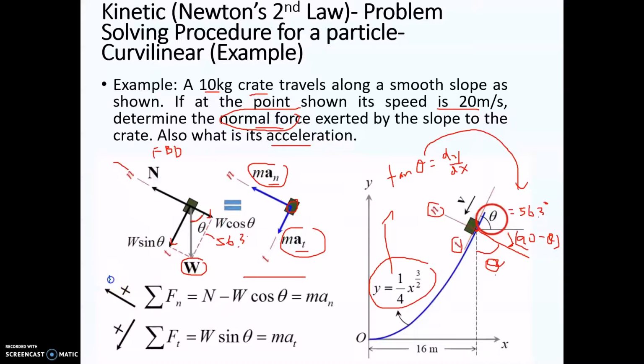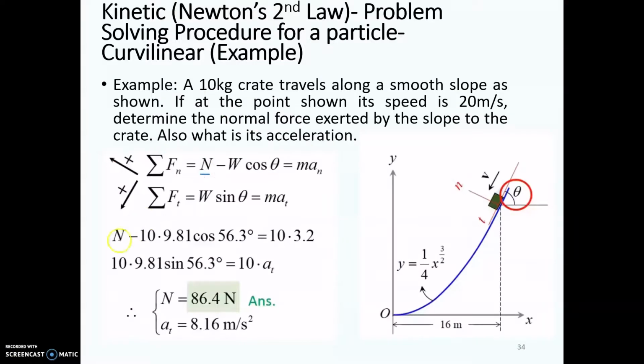Considering the normal direction to be positive in this direction, N minus W cos angle equals m a_N. Considering the tangential direction to be positive, you have W sin angle equals m a_T. So this is your equation of motion.